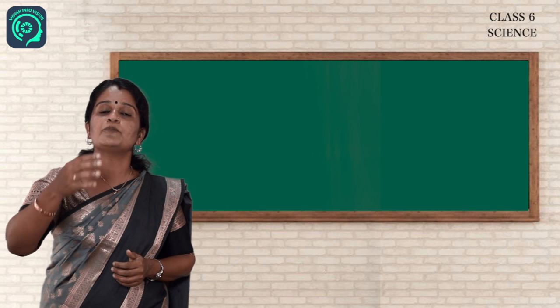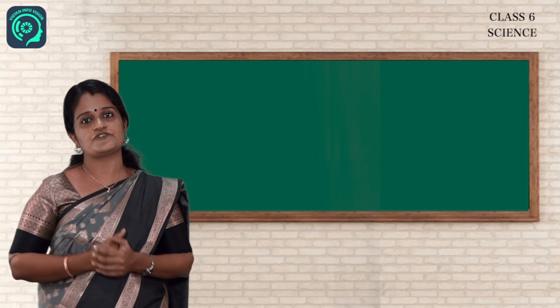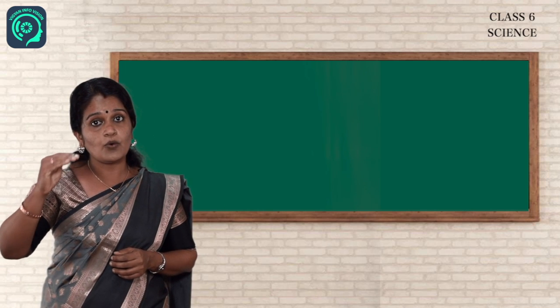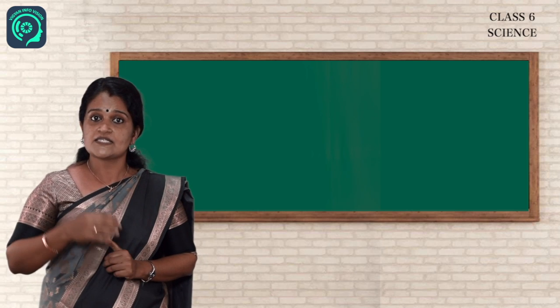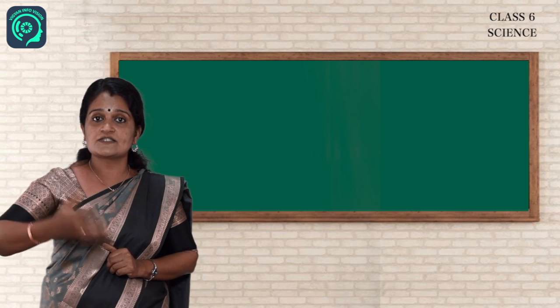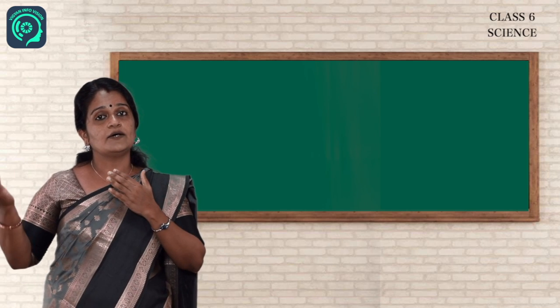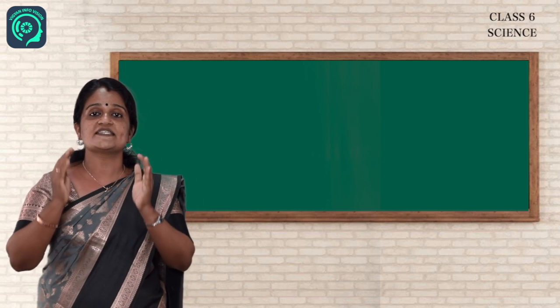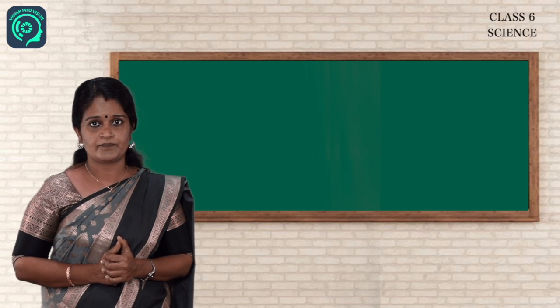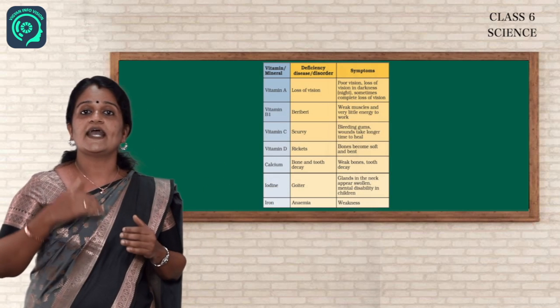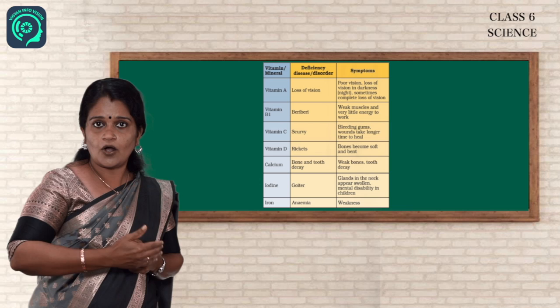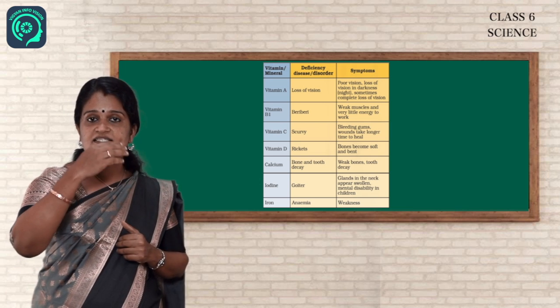If you are not taking proteins for a long period of time, your growth will be stunted. Same time, if you are not taking different types of vitamins, your body will be affected by some disorders or diseases. So in this slide, we can study about the disorders or the diseases and their causes and symptoms.